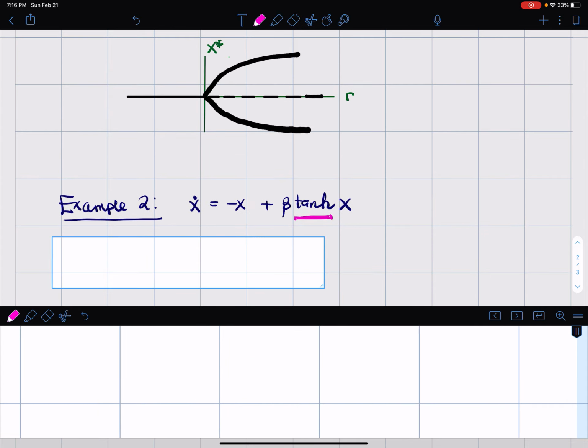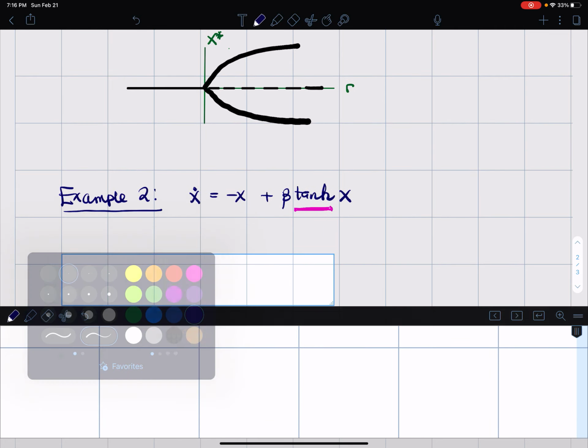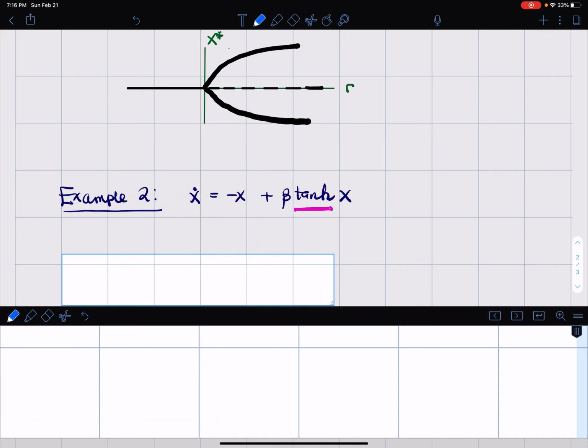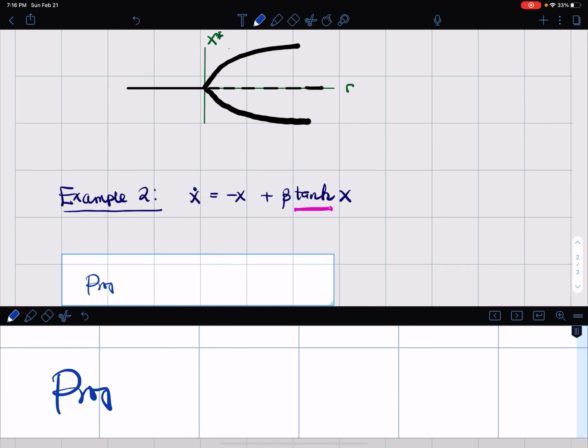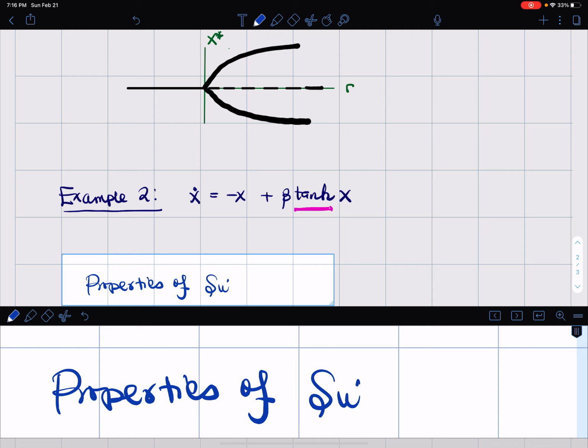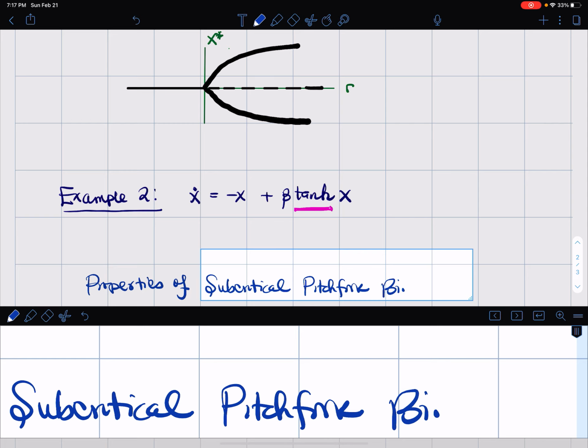All right, so let's look at properties of the subcritical pitchfork bifurcation.